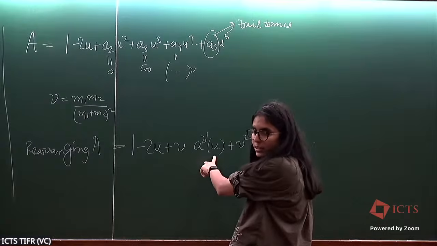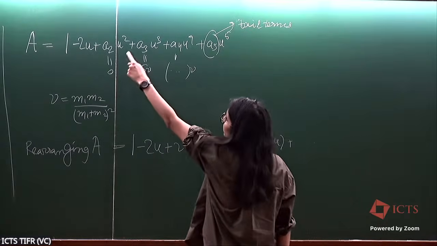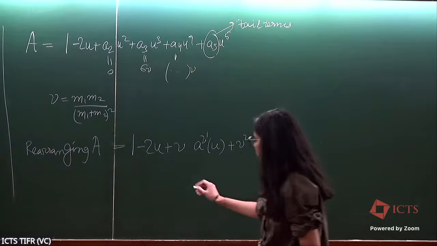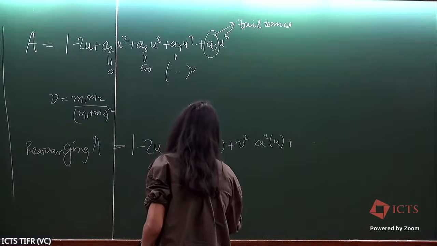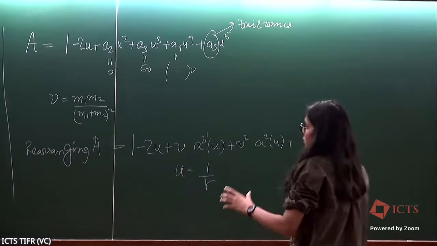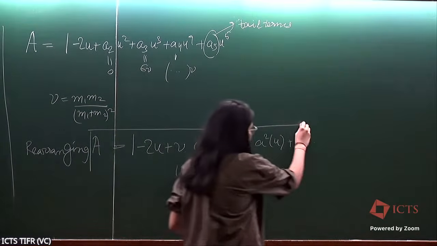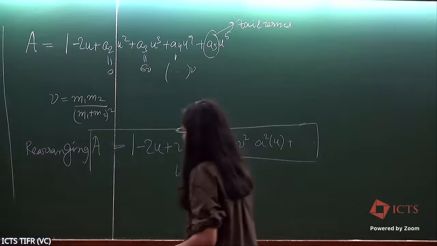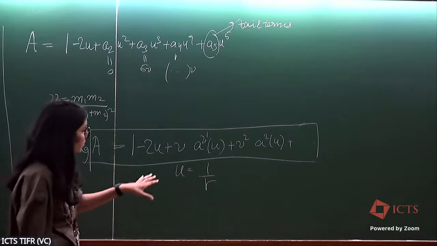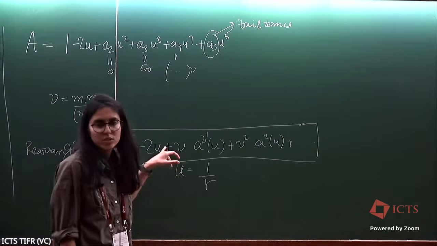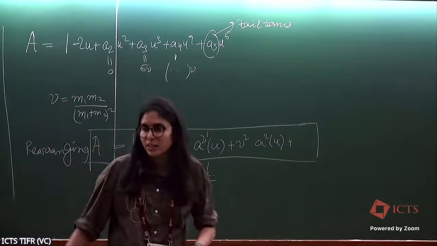We do this expansion such that it matches with the expansion over here, and u is 1 over r. If we rewrite A like this, now we have to see if there is something else available in the literature that behaves like this, which is an expansion in nu instead of an expansion in u.